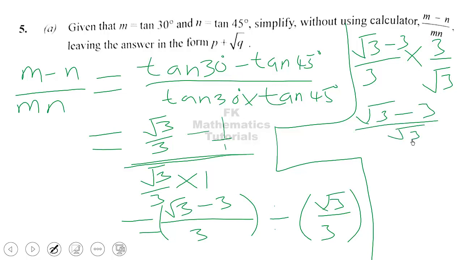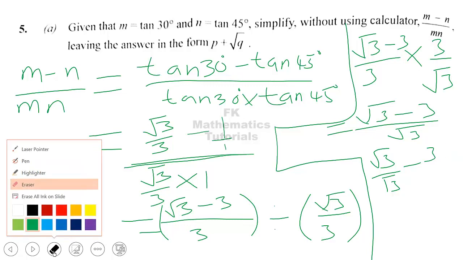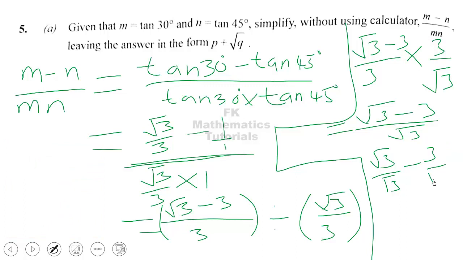I'm going to share the denominator for both terms of the numerator. So I'll get root 3 over root 3 minus 3 over root 3. So that will give me 1 minus 3 over root 3.